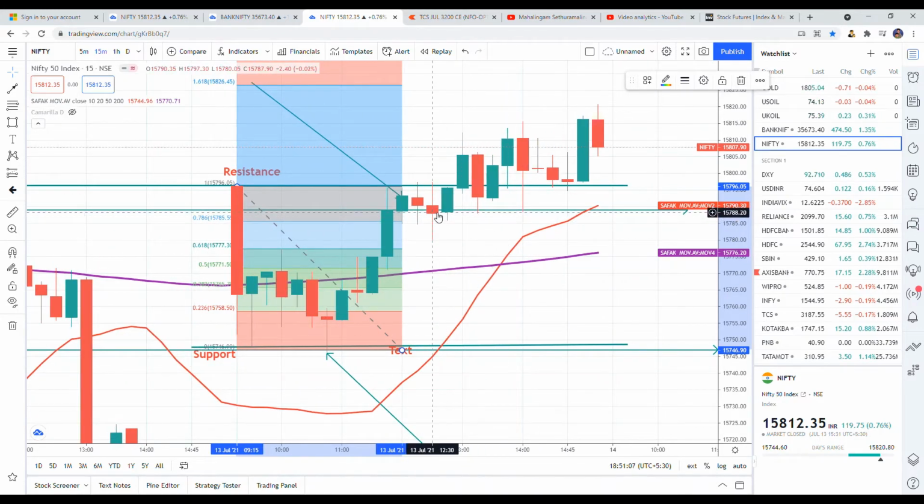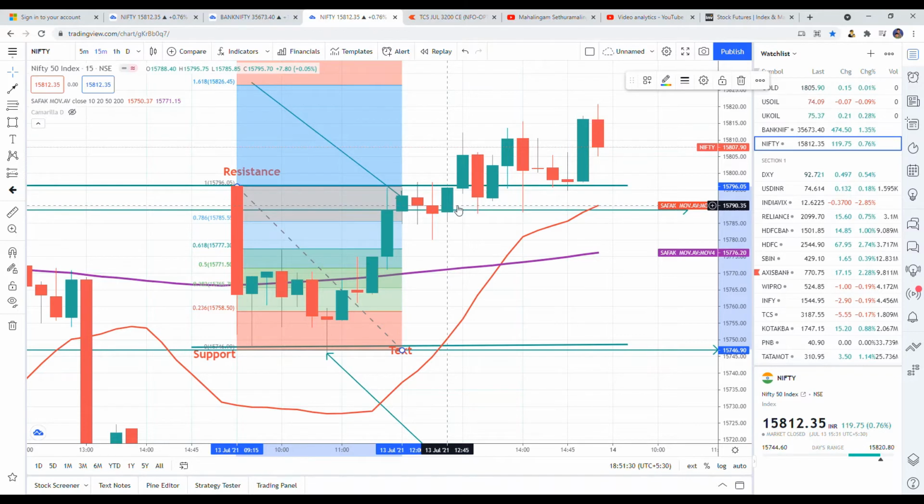What will be the action in this type of indecisive candle? When the next candle moves above the high of the previous indecisive candle, you can go for long, because in this candle the decision is not taken by the buyers and sellers. They are unequal. So what will be the next candle?